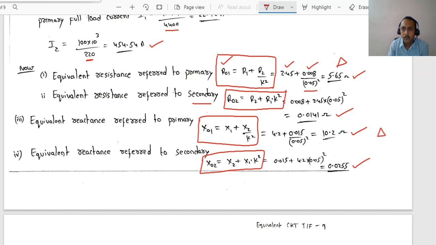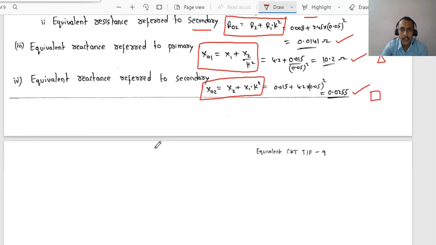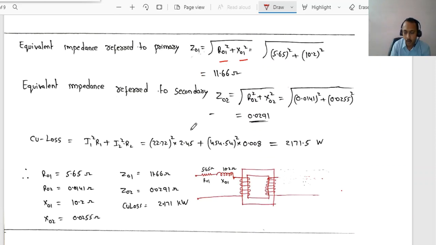R02 is 0.0141. X02 is 0.0255. So those things we have to consider for impedance. That is what we have done here, root over R square plus X square, 11.66. Similarly for impedance Z02.